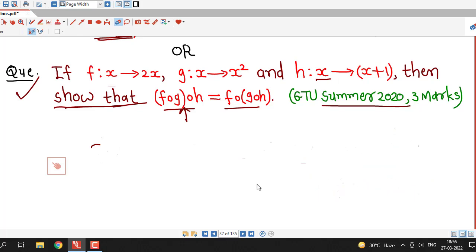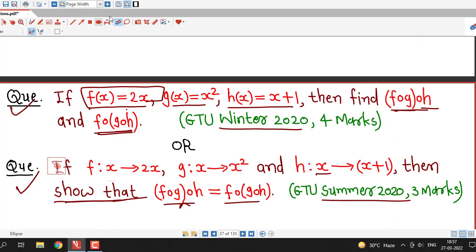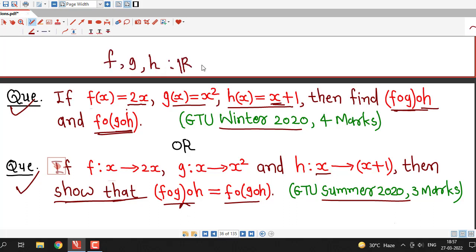Here domain and codomain are not specified, but we can see that all these functions are defined for all real numbers. f(x) equal to 2x is defined for any real number. Similarly, x square is also defined for any real number, and x plus 1 is also well defined for any real number. So we assume that all these functions are defined on the set of real numbers, and their codomain is also the set of real numbers, so that all these things are valid.